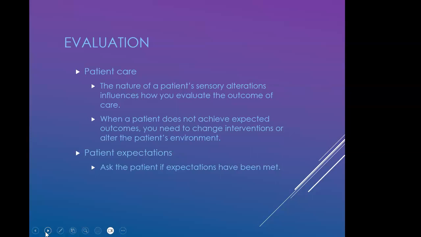And then the patient's expectations are important. Ask the patient if expectations have been met, because they may have something else. It's important to evaluate whether the care measures maintain or improve a patient's ability to interact and function within the environment. The patient is the source for evaluating the outcomes.